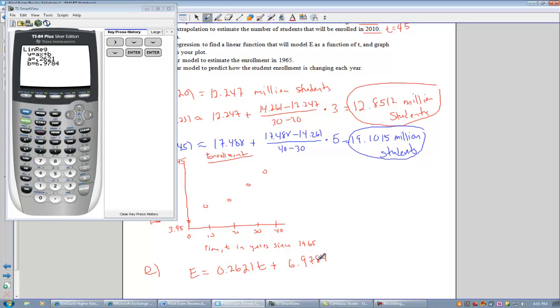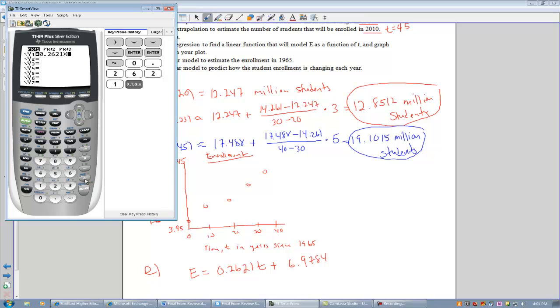All right, and then I can plot this on my graph by hitting y equals. Right, and so then I can say 0.2621 times x plus 6.9784.